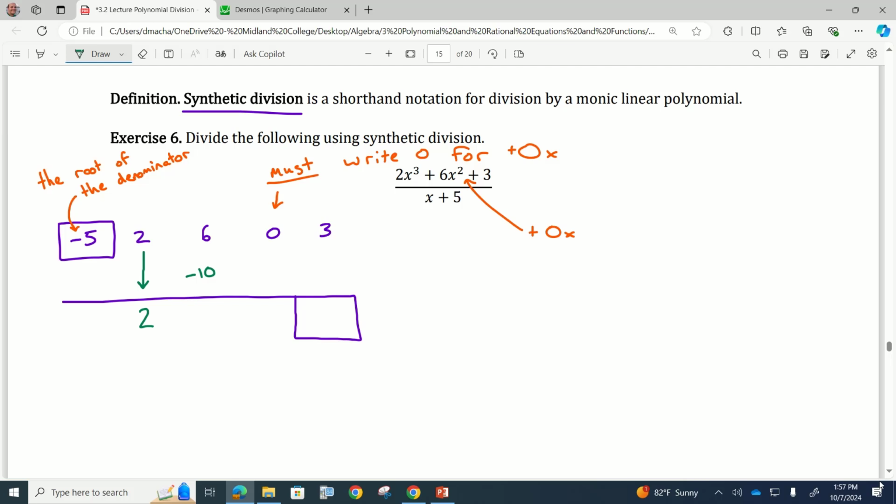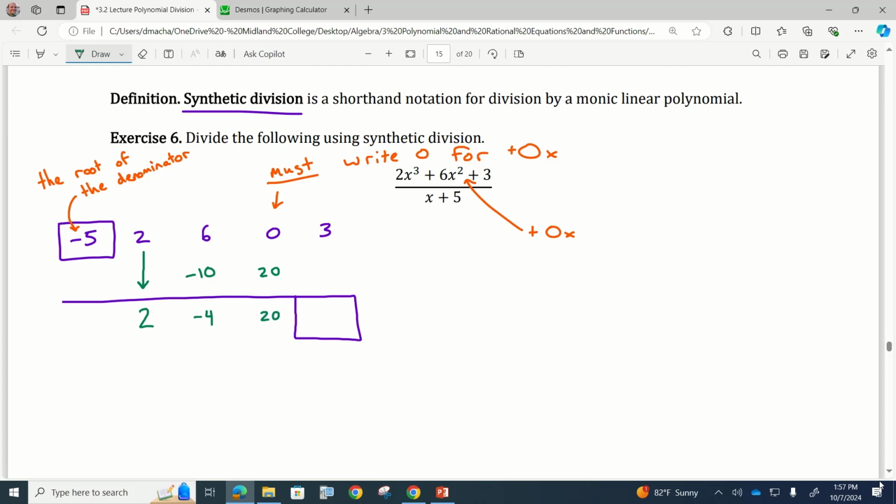We're going to add 6 plus -10, and that would be -4. And then we multiply again. I say -4 times -5 is +20. And we add vertically again. So I say 0 plus 20 is 20.